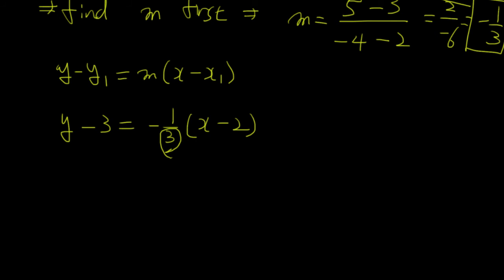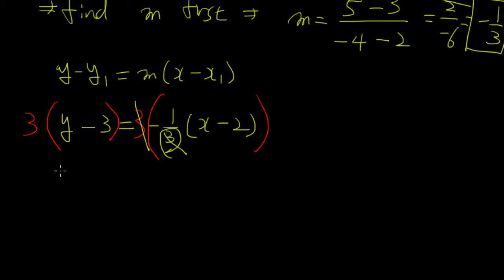So if I multiply 3 here, and if I multiply 3 here, then what will happen is that this 3 and this 3 will cancel out.